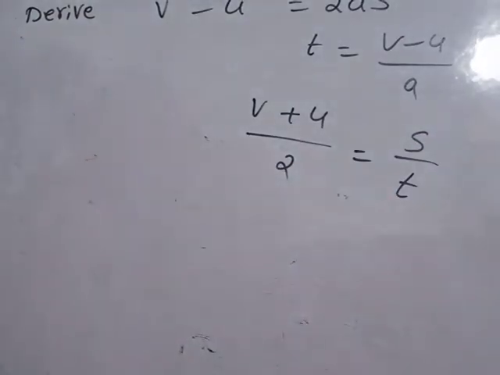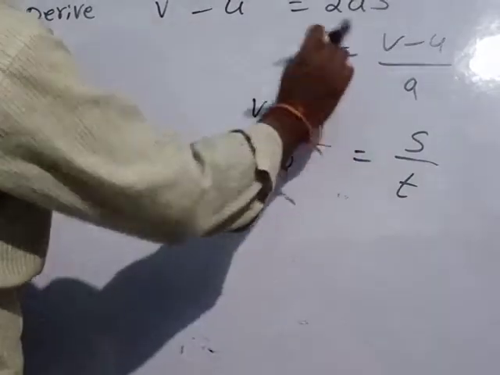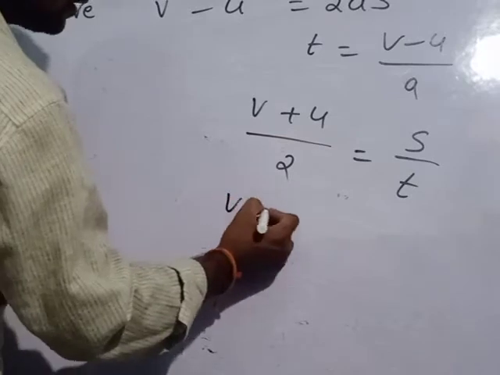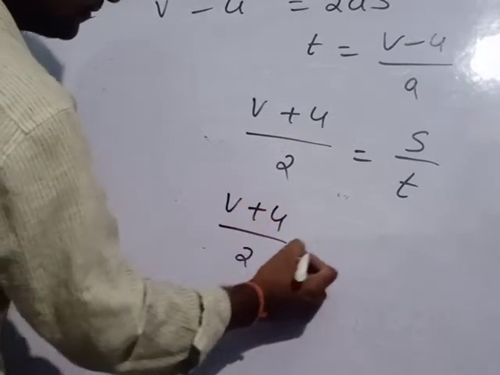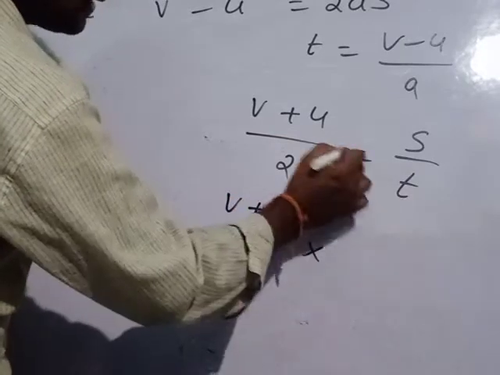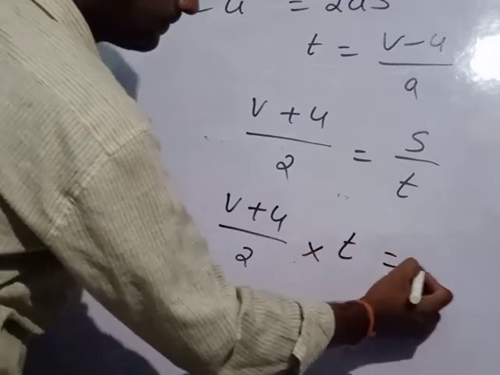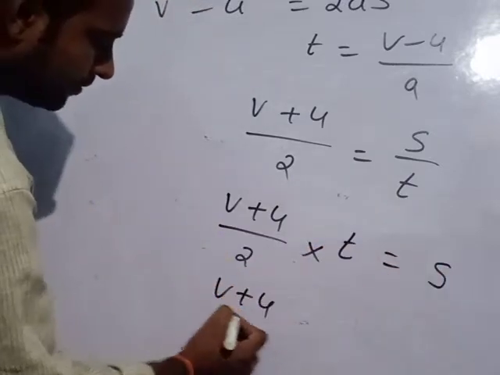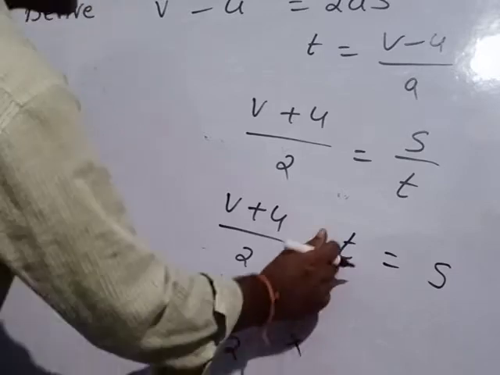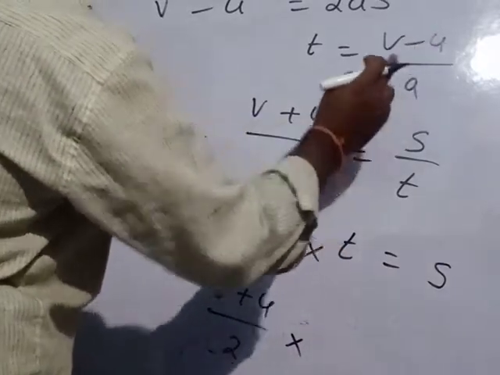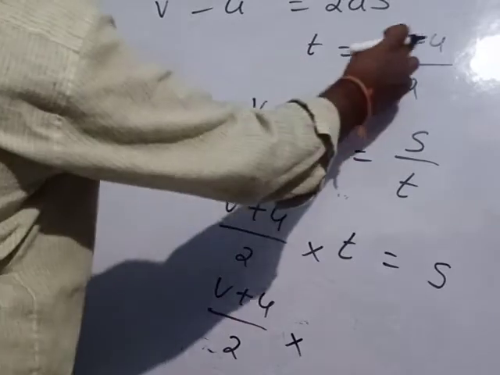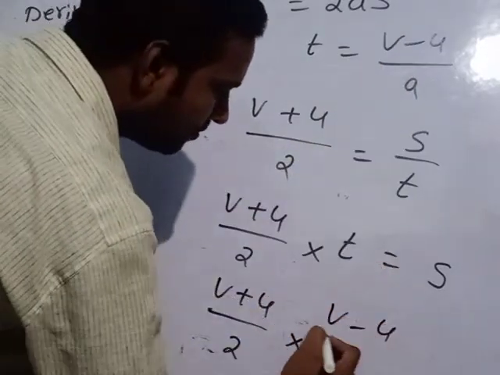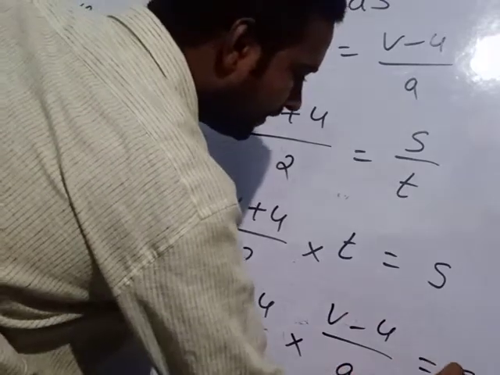So now here T is replaced with V minus U by A. First of all, transpose T to this side. So V plus U by 2 into T, division transfer means multiplication. Now V plus U by 2, where T is equal to V minus U by A. So put T is equal to V minus U by A in this equation. So S is equal to yes.